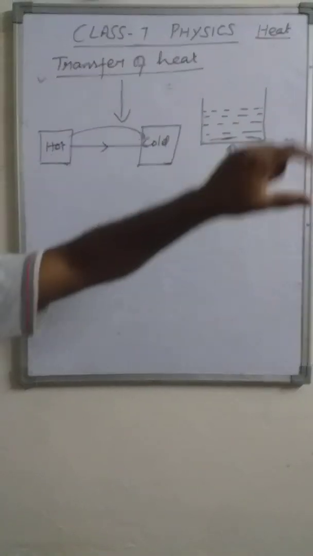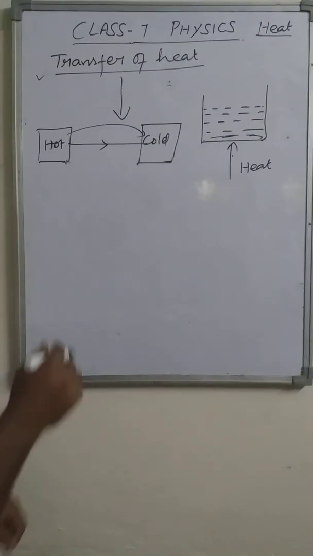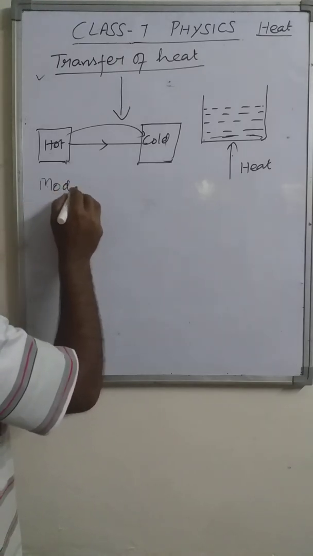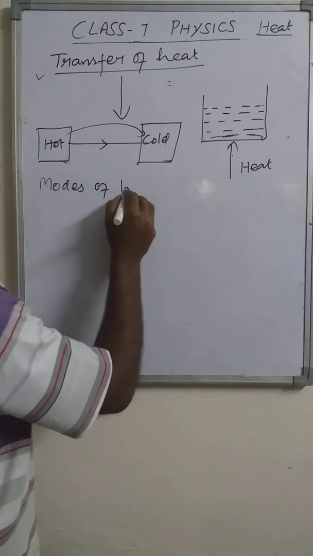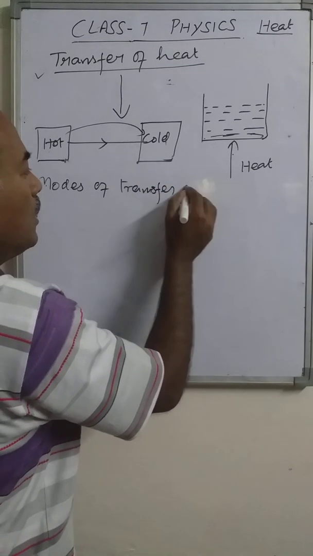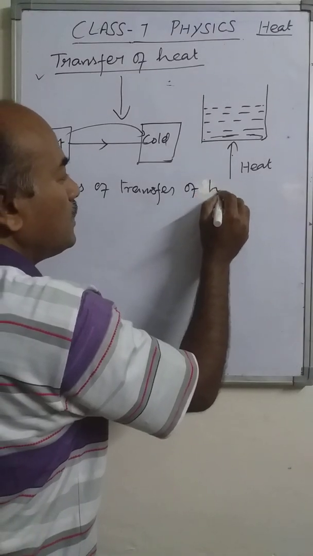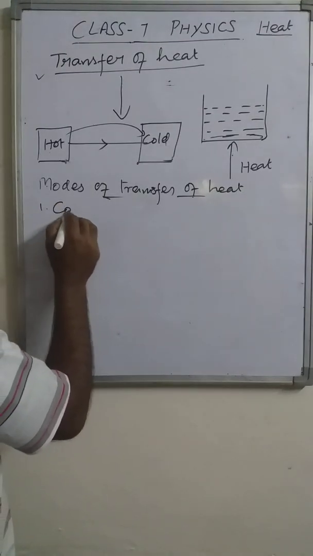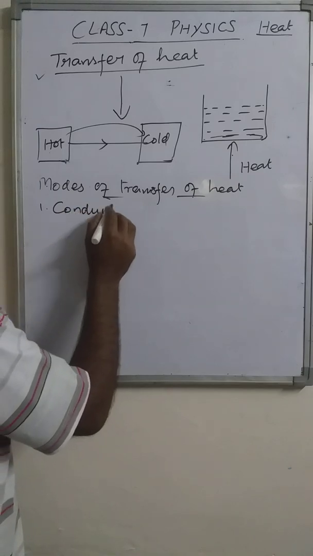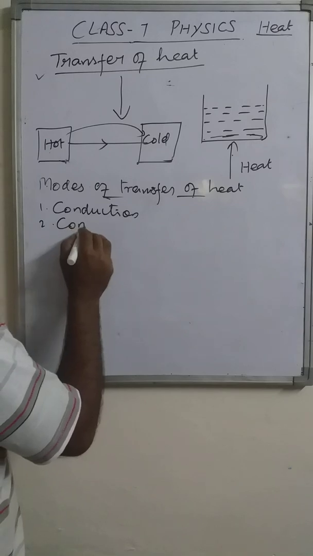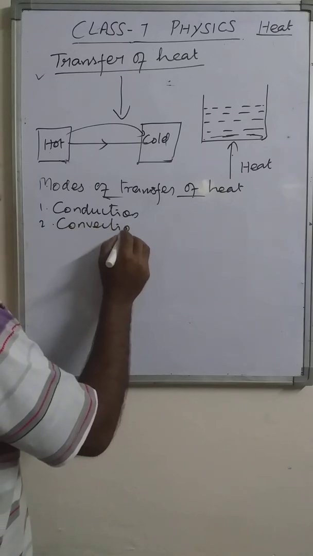Here, to transfer the heat, there are three methods. We call them the modes of transfer of heat. There are three modes of transfer of heat: conduction, convection, and radiation.